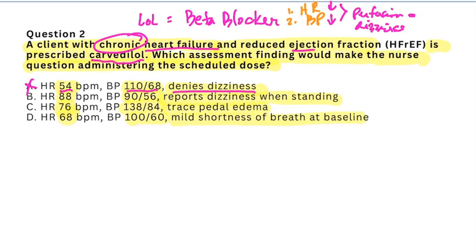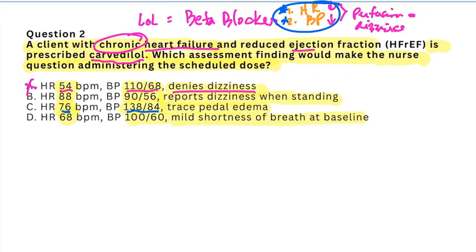Okay, now let's go to letter C. So letter C says a heart rate of 76, a blood pressure of 138. That alone is telling us that our heart rate is normal.